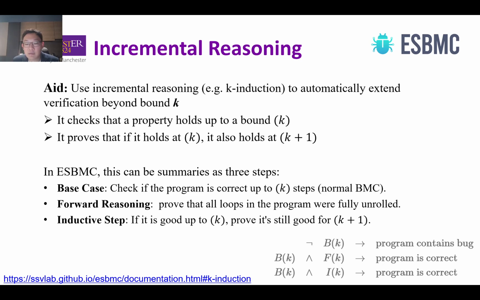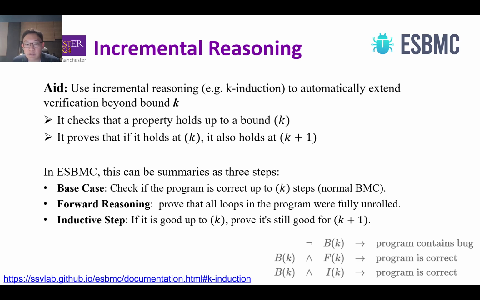To address this limitation, we introduced incremental reasoning to collaborate with our multi-property verification. For example, for the bound K, we check that the property holds up to this bound K, and prove that if it holds at K, it should also hold at K plus 1.